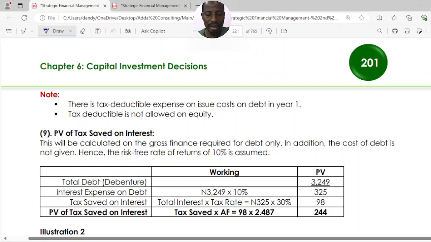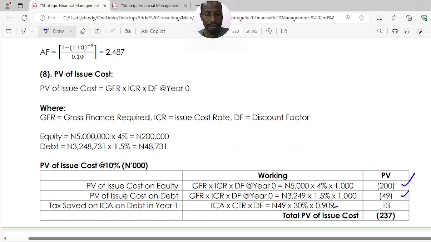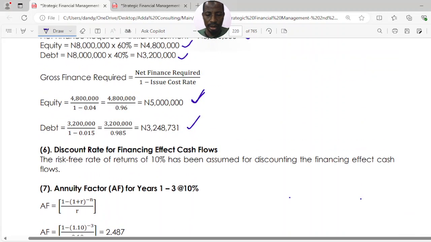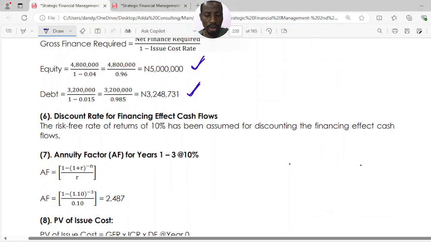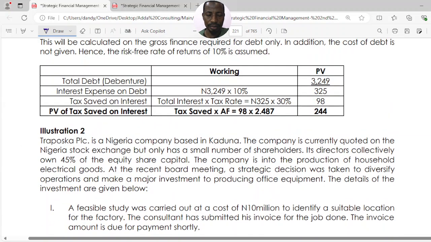The gross amount of the debt is 3,249, rounding. Our figures are in thousands. Then you multiply the tax rate of 30% on that to get tax saved on interest.